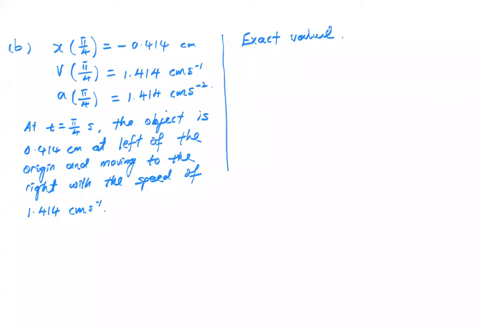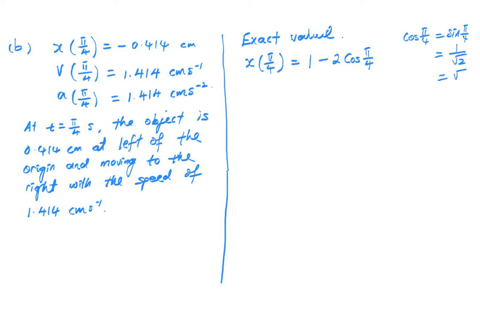It's fine. Okay. Now, if you talk about exact value, then you have to go back to your formula. This is equal to 1 minus 2 cos pi by 4. Every one of us should know what is the exact value of cos pi by 4 and sin pi by 4. They are the same. So you can write it as 1 over root 2 or root 2 over 2.